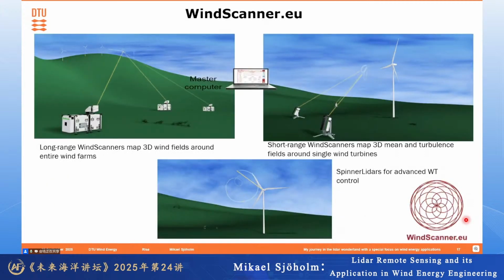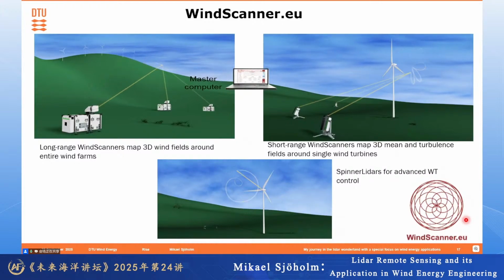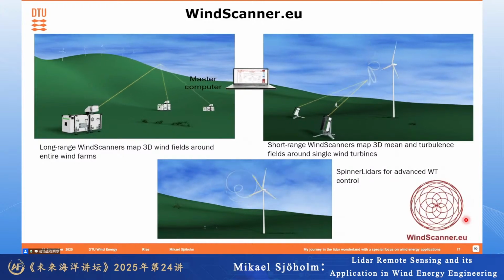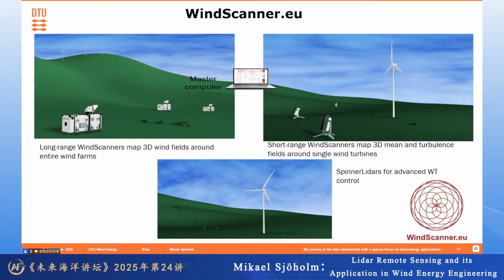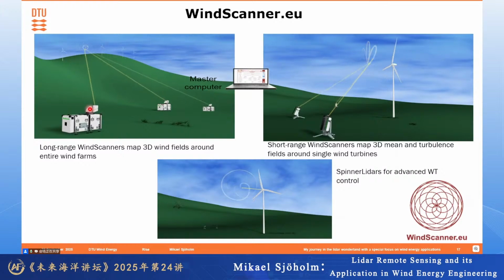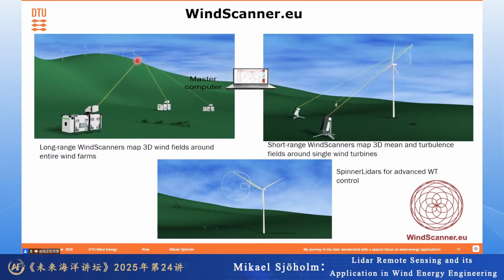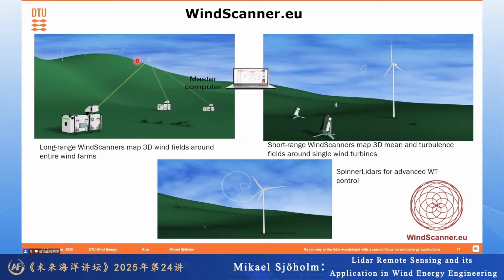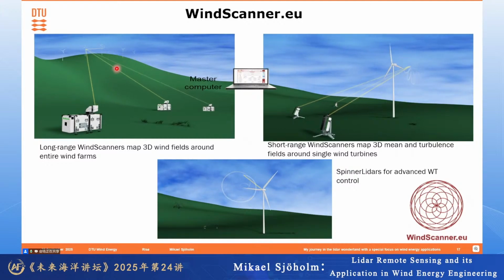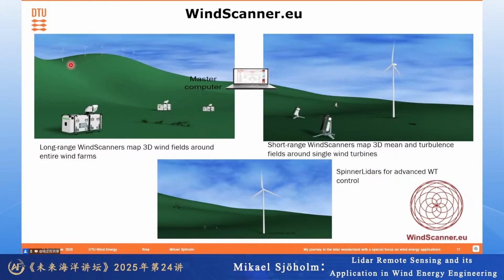And at DTU, I worked a lot with this WindScanner, we could call it. I think Jakob mentioned it, that we have two different kinds of that. This is the pulse system, where you can measure over longer distances. And the thing with those is that they have a system that makes them possible to synchronize, so you can measure in the same pattern simultaneously.